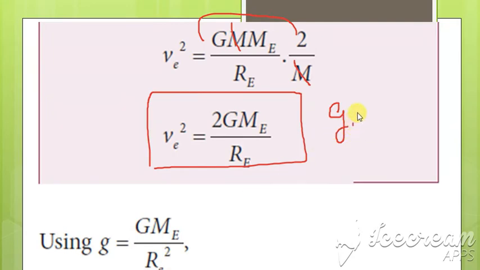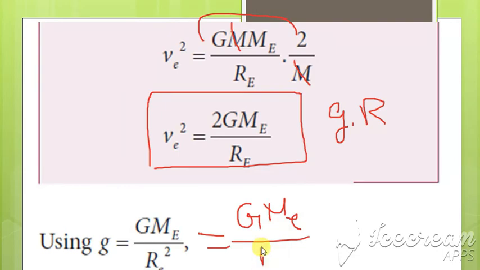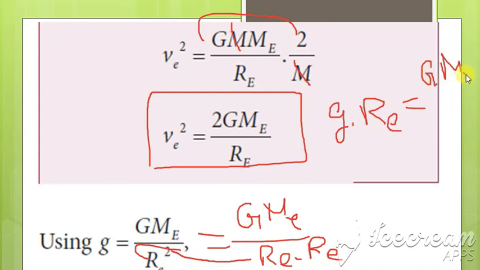Now just bring one value of re to the side. This can be written as G me divided by re into re. Bring this value of re to the other side of g, so we get g into re, which is equal to G me divided by re.